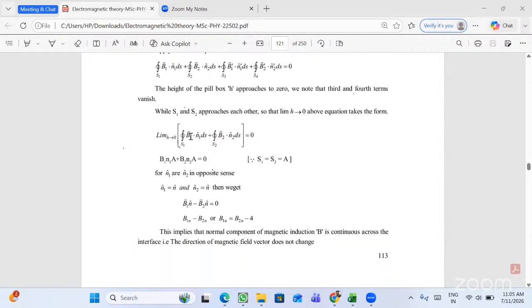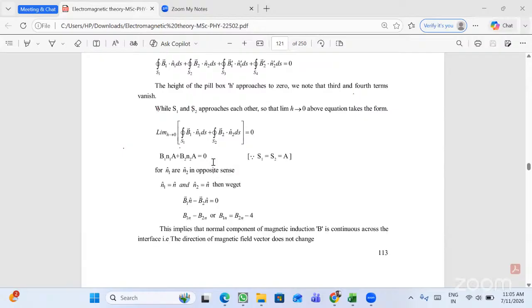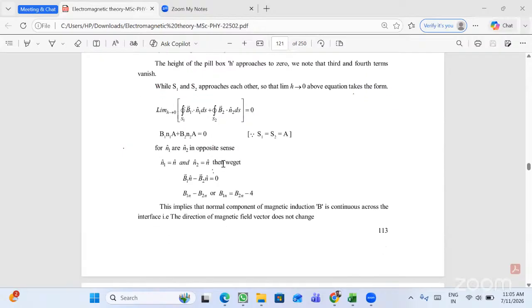By applying this surface integral, the integral of dS gives the area, so we get B1 n1 A plus B2 n2 A equals 0. As we know that n1 and n2 are in opposite directions, we take one of them as negative, so B1n minus B2n equals 0 here.